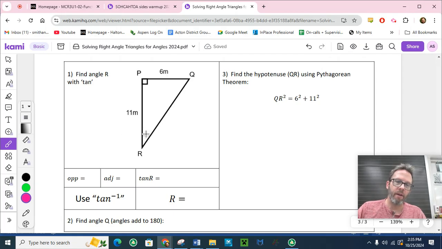So if we're dialing in on R, let's see, adjacent, 6 is the opposite, 6, 11, 6 over 11 equals 0.5454, shift tan.